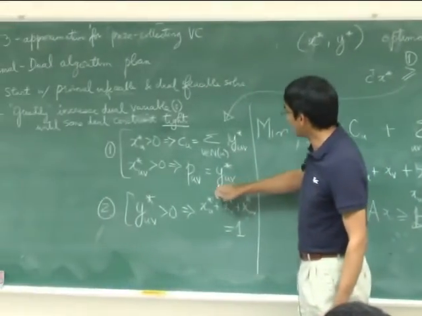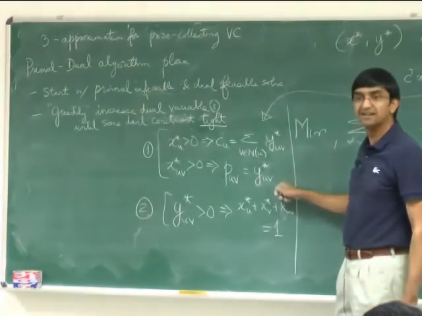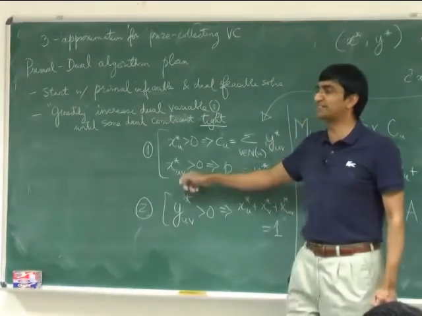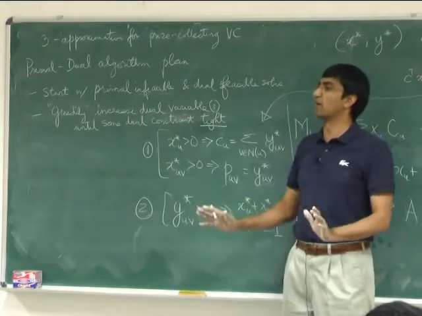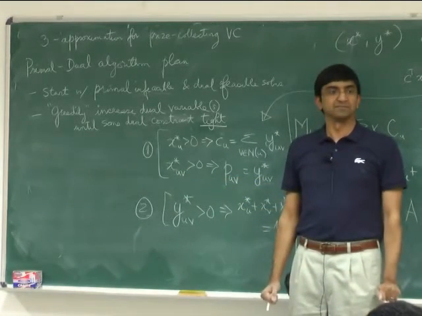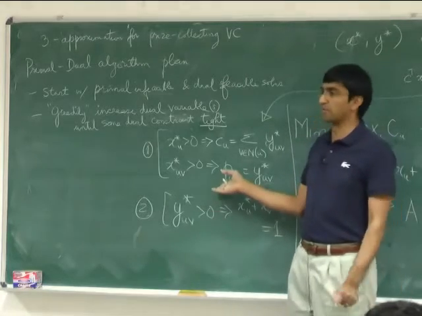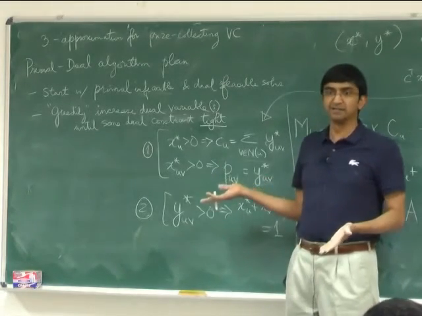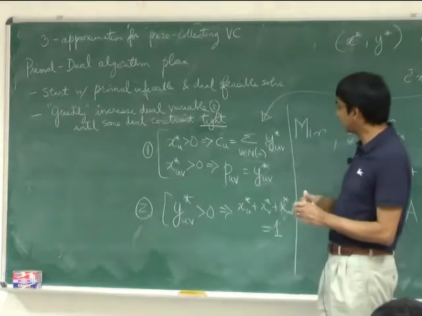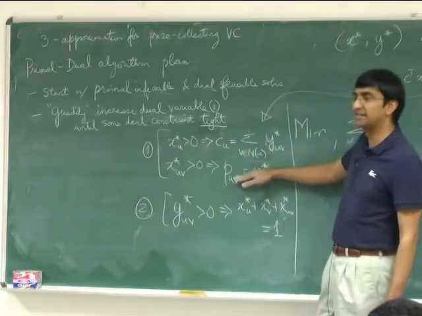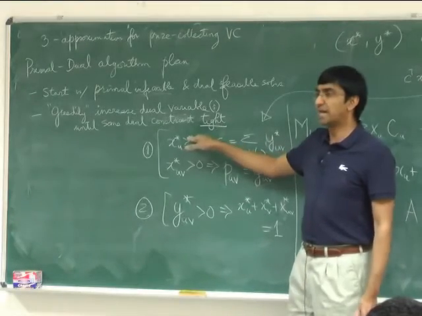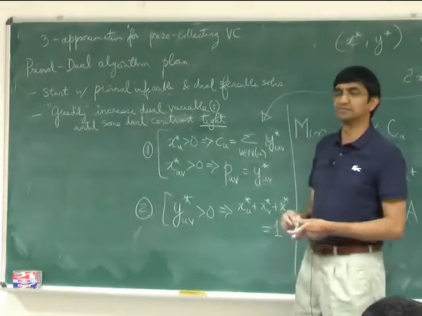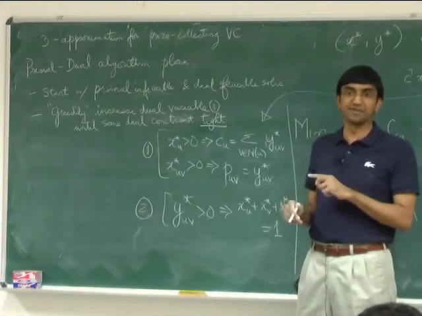Oh look, yuv equals puv, which means I can't set the corresponding x star to be zero. Okay, let's just make it 1. Okay, so this is a covering problem. I need to choose some edges, some x values. So if any dual constraint becomes tight, I'll take the corresponding variable in the primal and I'll include it in my solution. This is where I'm using complementary slackness.